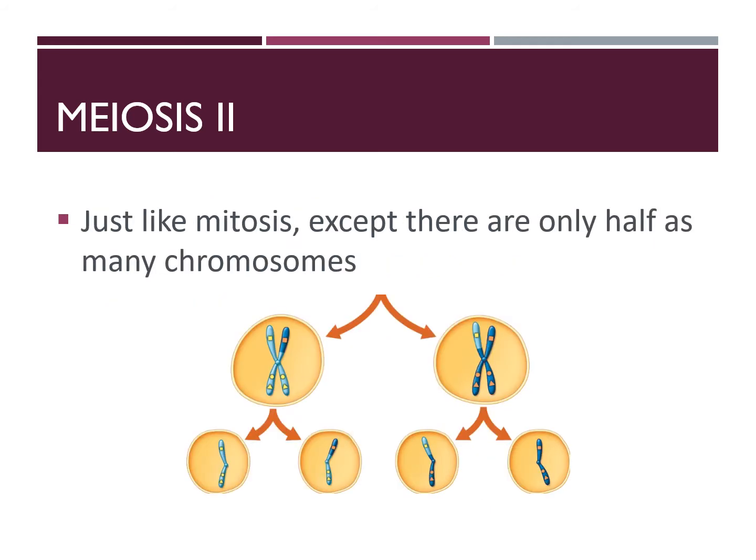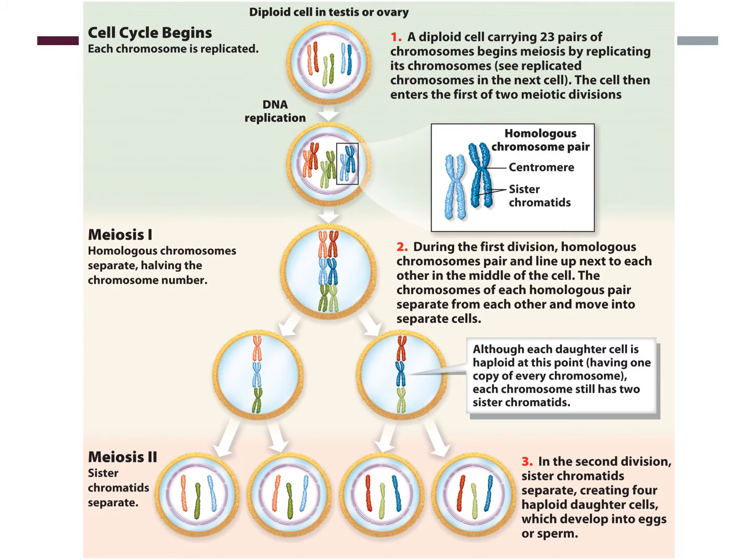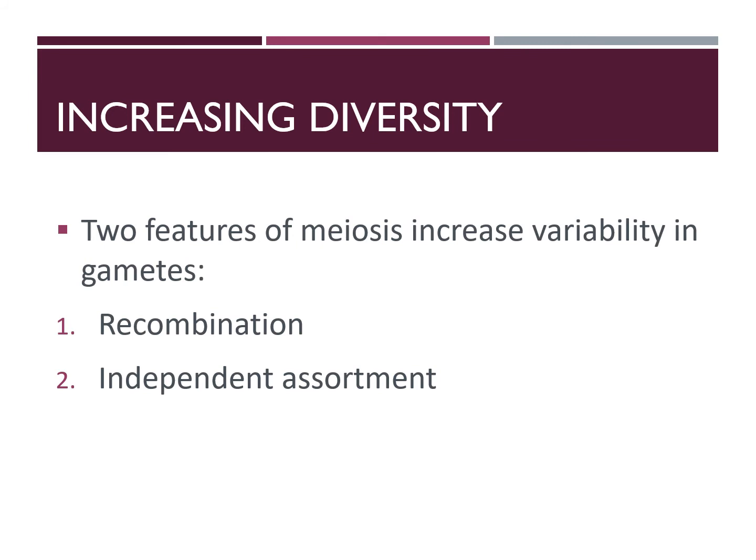And then in meiosis 2, it's exactly like mitosis, except you're starting with only half as many chromosomes. And so the cells at the end would have 23 chromosomes again, but only 1 chromatid each. So this illustrates the whole process. They've used colors to indicate the pairs.